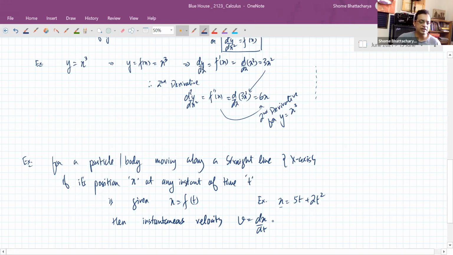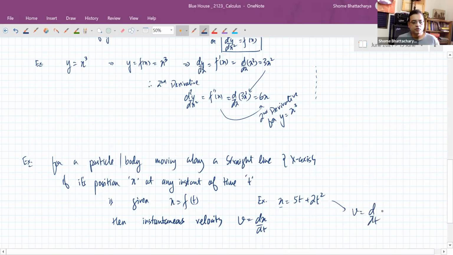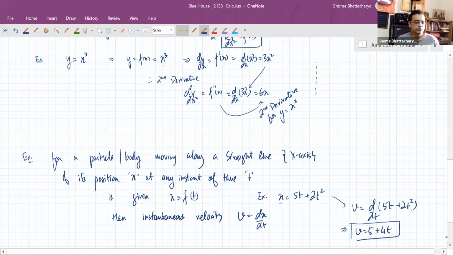So by definition, it is delta x by delta t for delta t tending to 0, which becomes dx by dt. In this particular example, the instantaneous velocity will be the differentiation of 5t plus 2t square, which becomes 5 plus 4t. You can see this is becoming u plus at, where this was ut plus half at square.